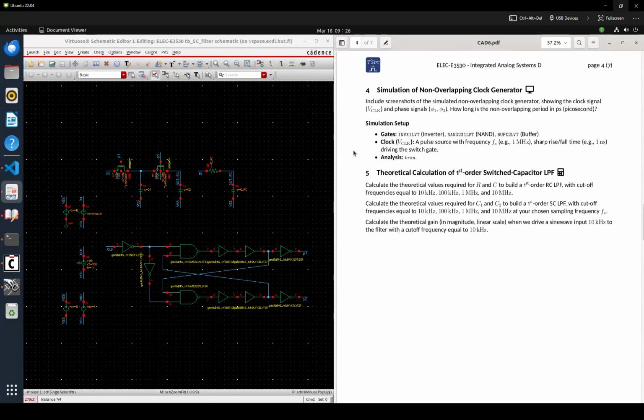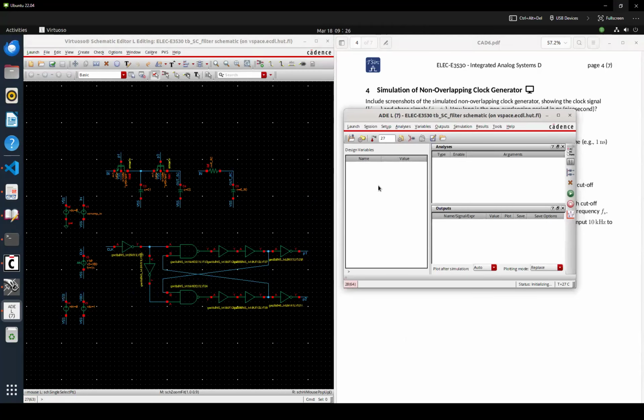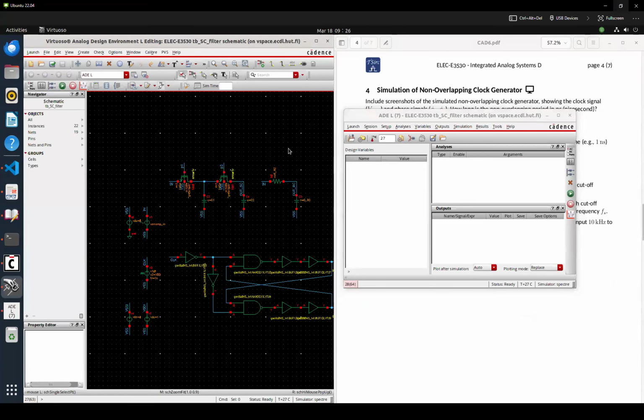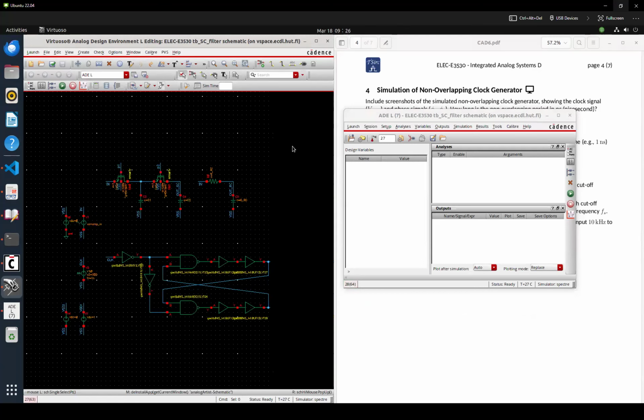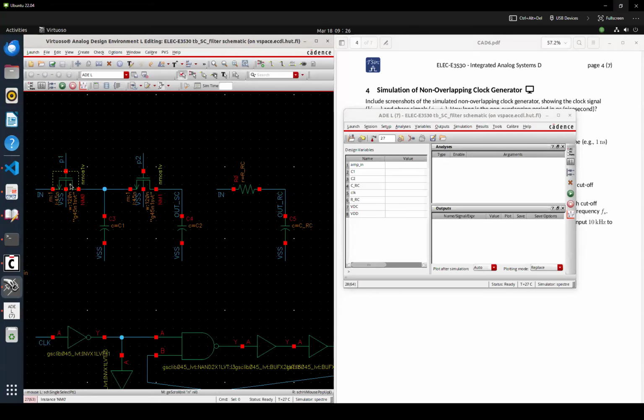So, simulation of the non-overlapping clock generator. I built it like this, and let me open this simulation window. For the non-overlapping clock generator and this switched cap, I simply put NMOS minimum size C1, other NMOS C2, and for comparison, I also put an ideal RC low pass filter here.